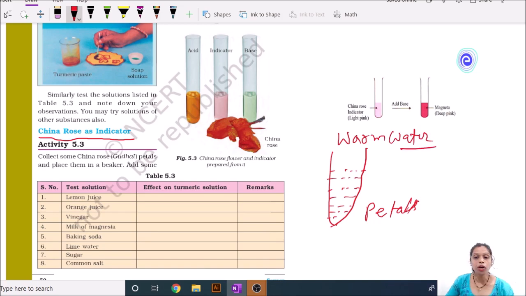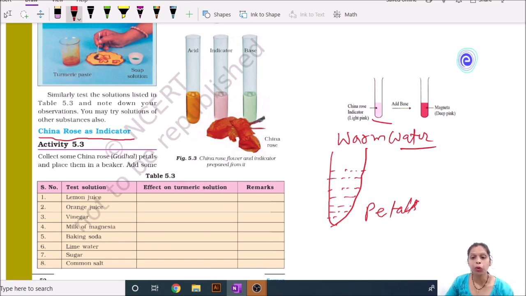Okay. Now when you leave this beaker for 2 to 3 hours, what will you observe? You will observe the color of the solution has changed and it is converted into a pink color like this.